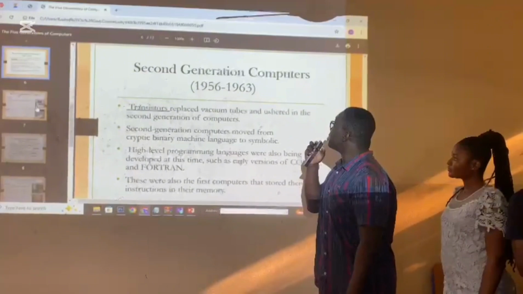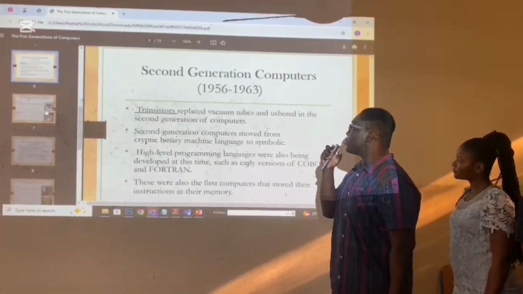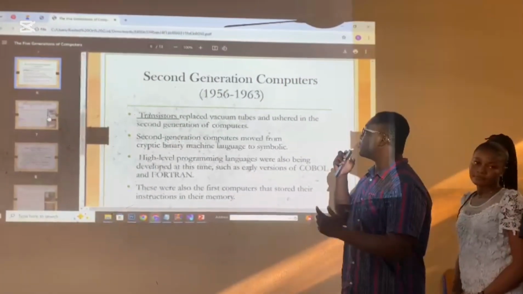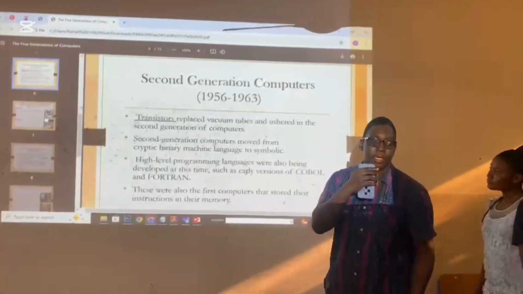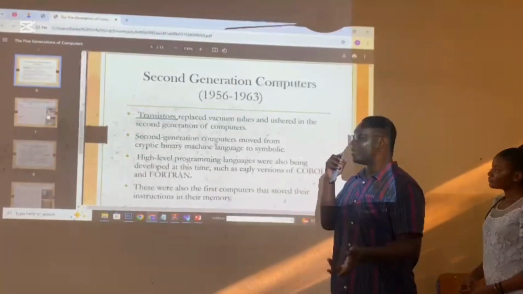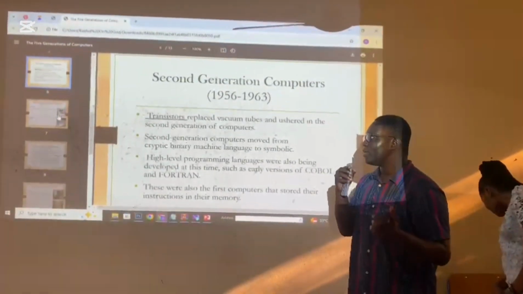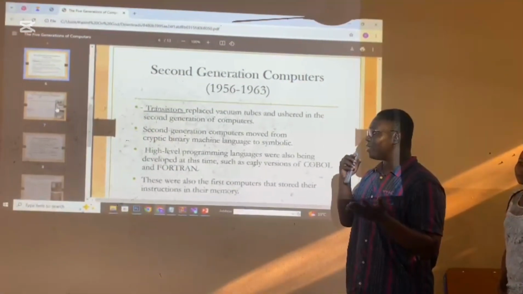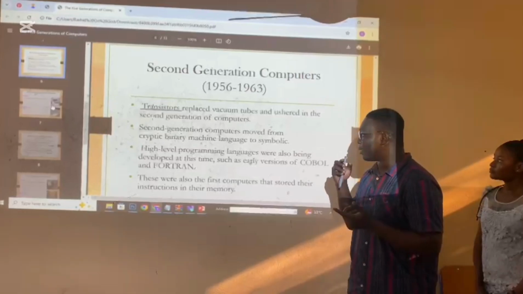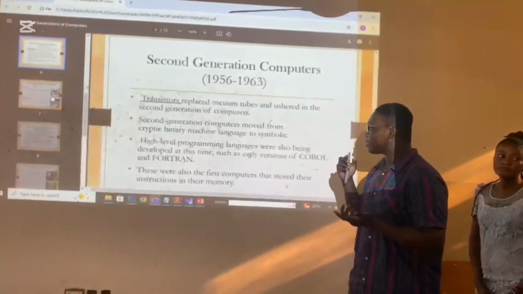So the second generation computers were introduced from 1956 to 1963. Transistors replaced the vacuum tubes and ushered in the second generation of computers. This was done to prevent the tubes from blowing up, as happened in the first generation computers.